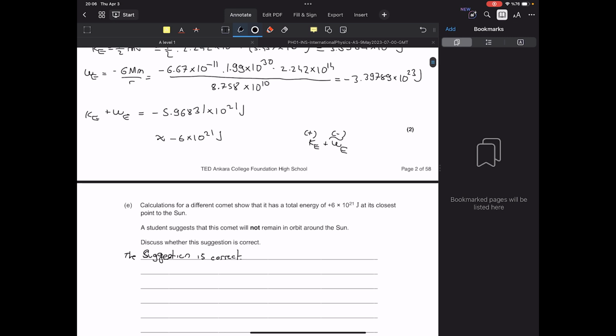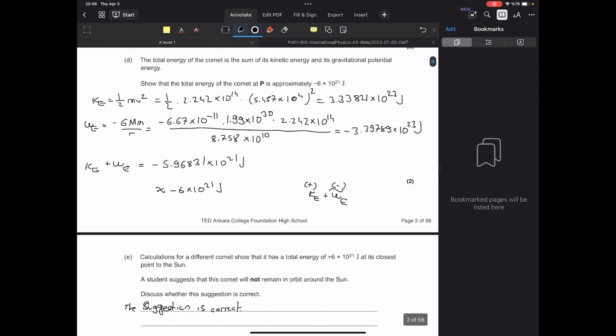So any energy higher than 0 means the body will escape orbit, since the kinetic energy is higher than the gravitational potential energy.